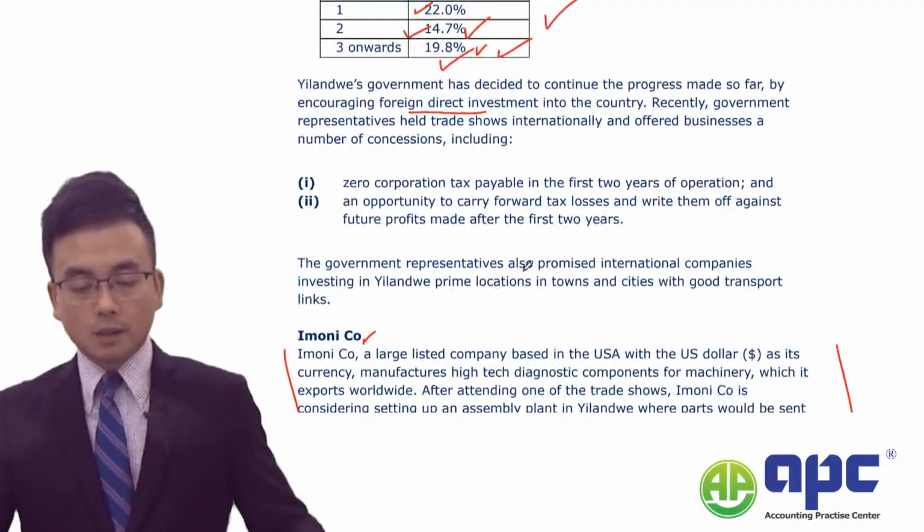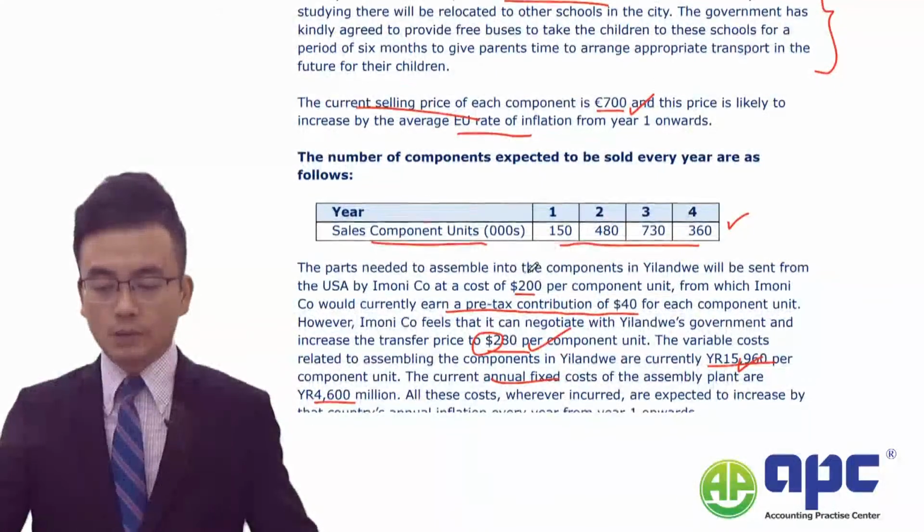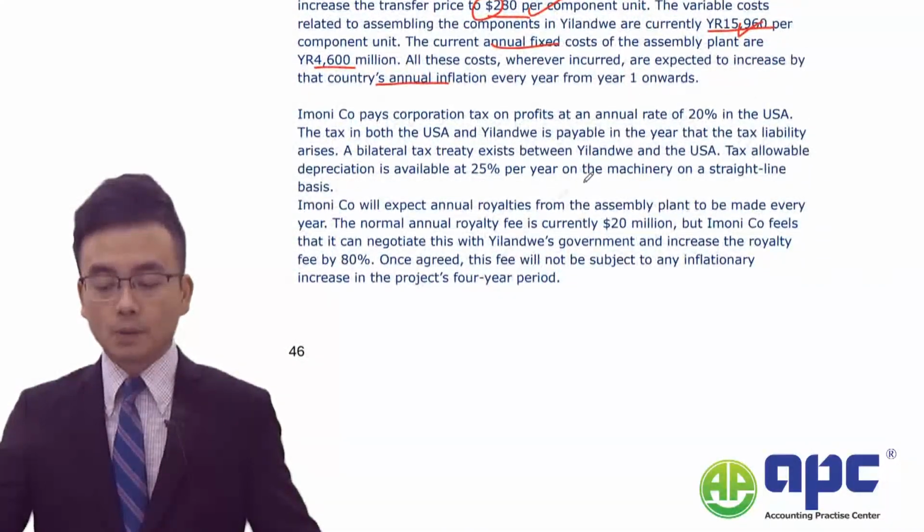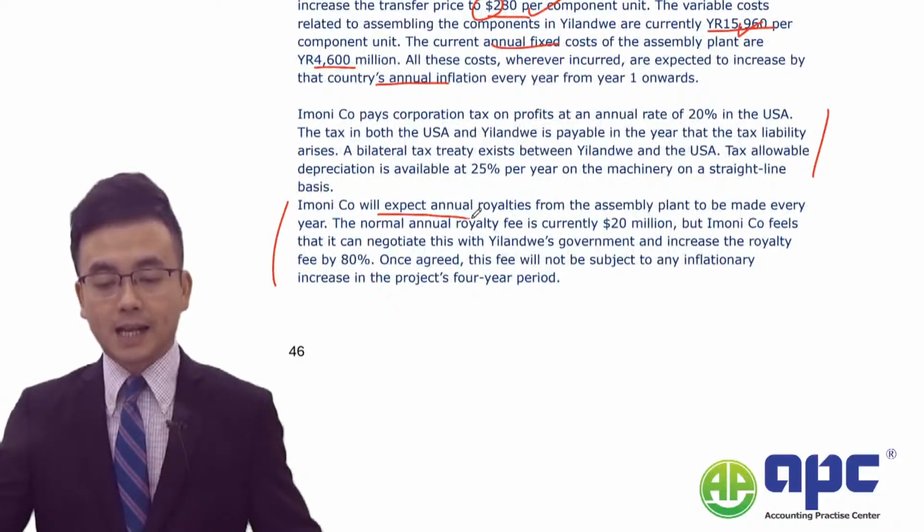Let's move on. We pay tax on that, we'll deal with that later on, but we'll also expect annual royalties from the assembly plant to be made every year.